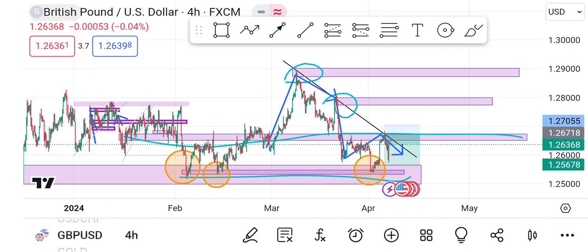So when price taps into the area, I'll call those areas key levels where I would love to trade.